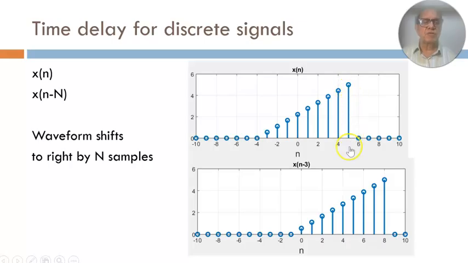Since the whole waveform is shifting to the right by 3 samples, note this is x[n-3]. Therefore this 5 will occur 3 samples later, so this occurs at 8. 5 gets shifted to 8, 4 will get shifted to 7. In short, every point shifts to the right. And this is what happens when you provide the time delay for discrete signals.